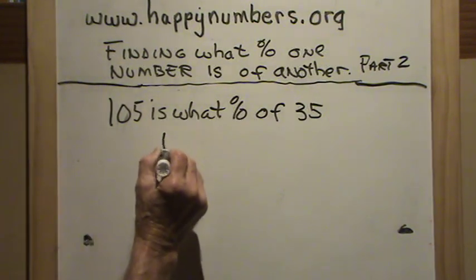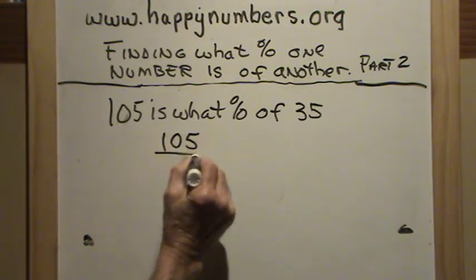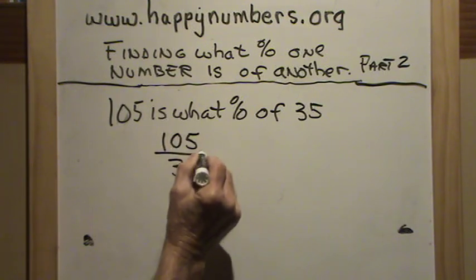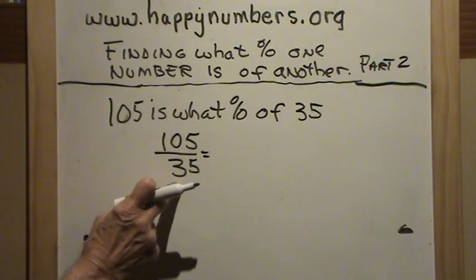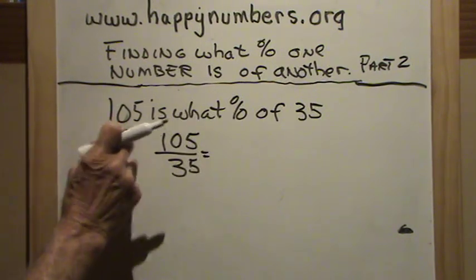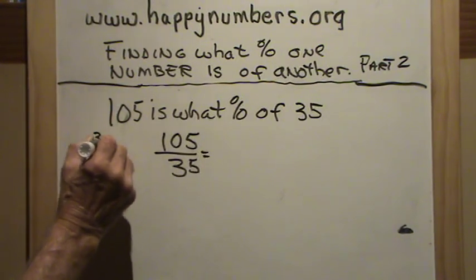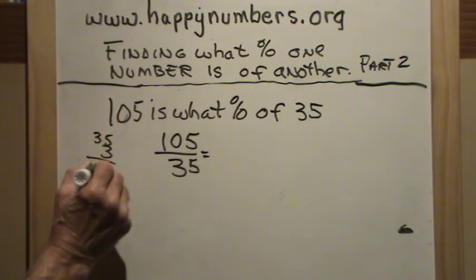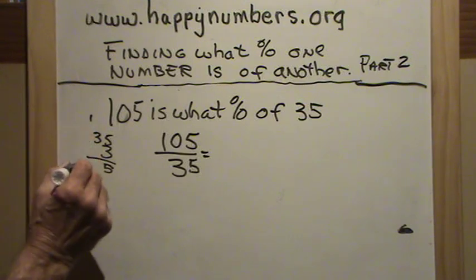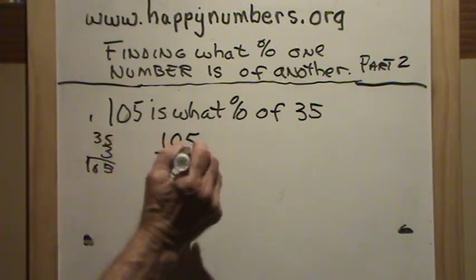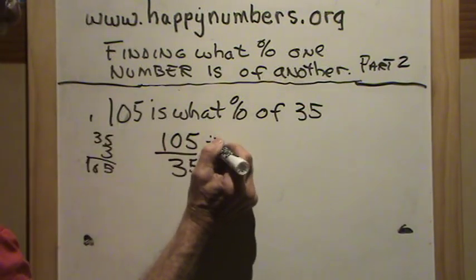Well, let's work it together. 105 over 35. Well, now, there's a lot of ways we can reduce this, but I think 3 times 35 is 105. Let's see if that's so. 3 times 5 is 15. Carry the 1. 3 times 3 is 9, and 1 is 10. Yes, so we can divide by 35.